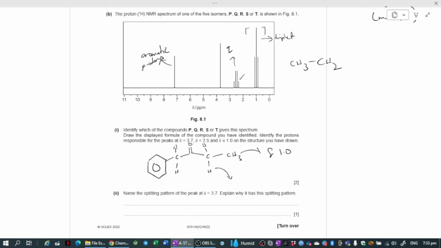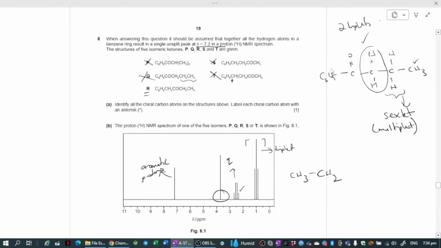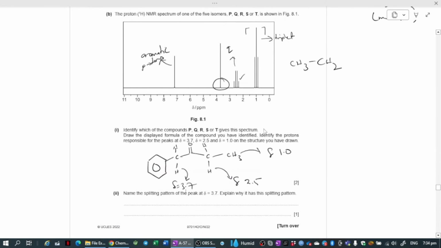This CH2 is the quartet peak at delta 2.5, and this is the singlet peak here at 3.7. Good, so that's how you could figure this out from just elimination.